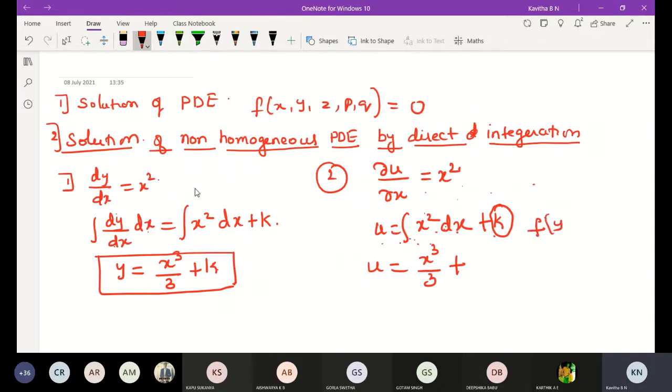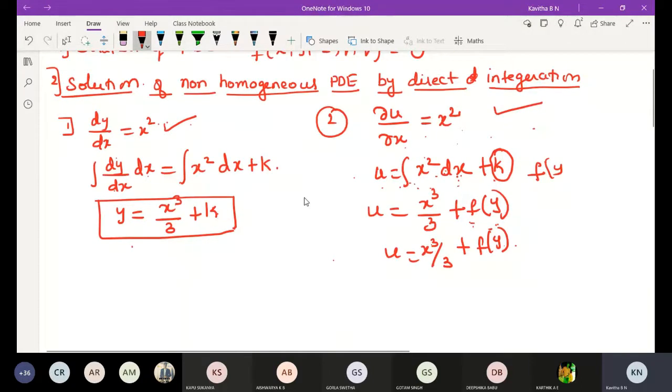Here, integrating with respect to x, partially differentiating with respect to x, means y is a constant, so in place of k we write f of y. So u is equal to x to the power of 3 by 3 plus f of y. This is the solution of the partial differential equation. Any doubt here?